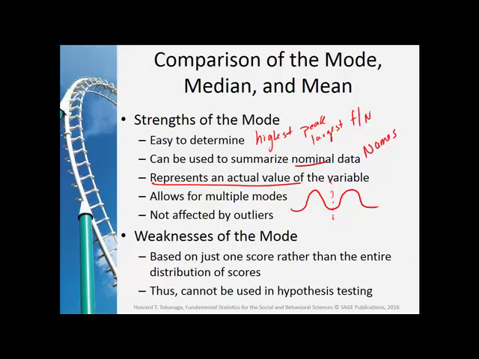And lastly, the mode itself is not affected by outliers. So if we have a situation where you have a distribution with a very long tail, this positive skew is going to pull the mean and the median away from the mode.